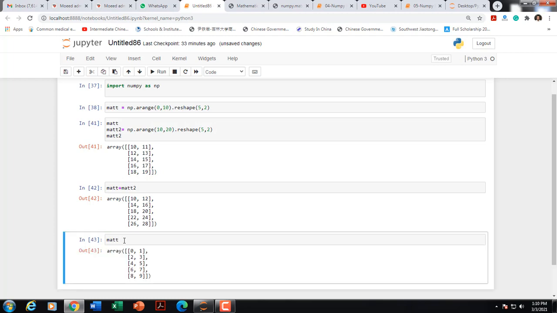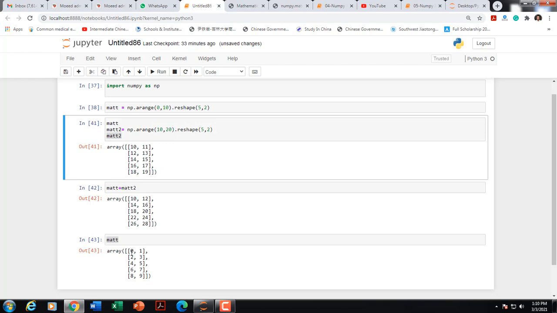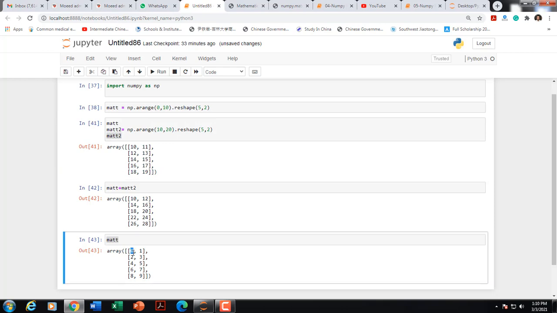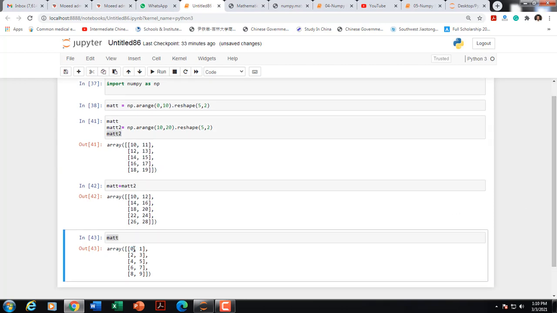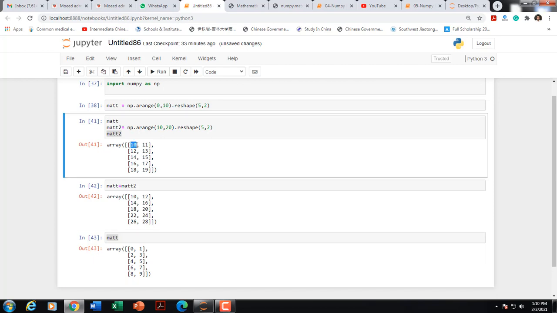So let's say I have mat over here and I have mat2 over here. How is this addition carried out? Well, what NumPy does is that it takes all of the elements that are at the common index position and adds them together. So for example, 0 over here is at the 0th row and 0th column, and 10 over here is at the 0th row and 0th column.